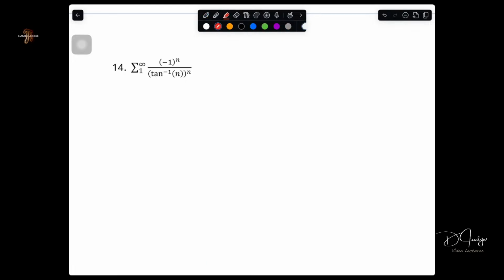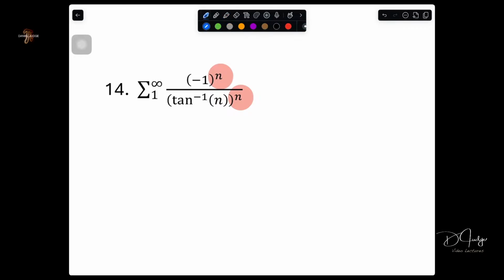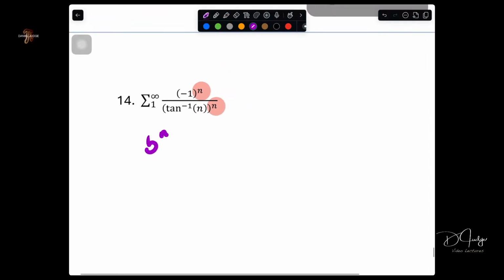Again, take a look at this. Nth power. This is going to be b to the n, properties of exponents gives you this. This is why this is going to be the root test.